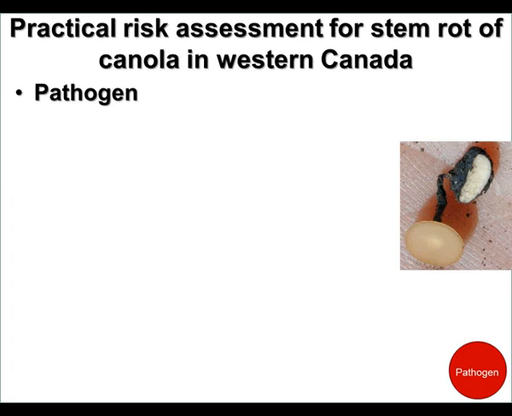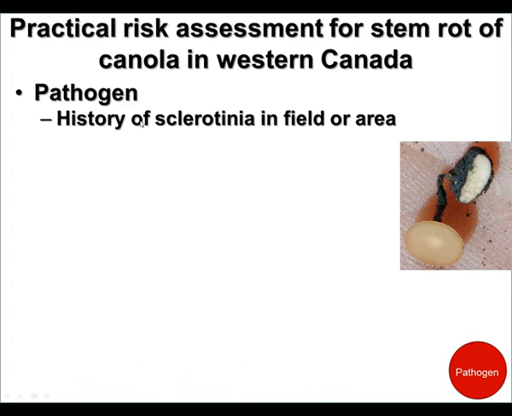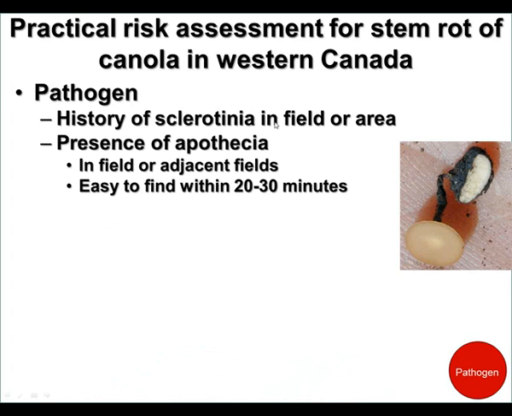Now, if we look at the pathogen, there's a few things that you can look at here. I spent a lot of time hunting around on my hands and knees looking for apothecia, but you can look at history of Sclerotinia in your field or area, and not just anecdotal reports, but where you have had significant levels of Sclerotinia. When I say significant, at least 20% infected plants, and we're dealing mainly with lower stem or main branch infections.